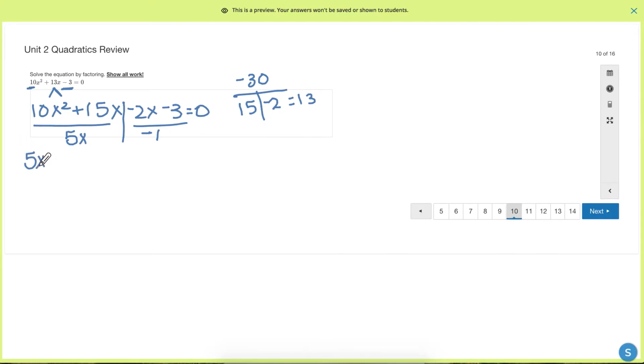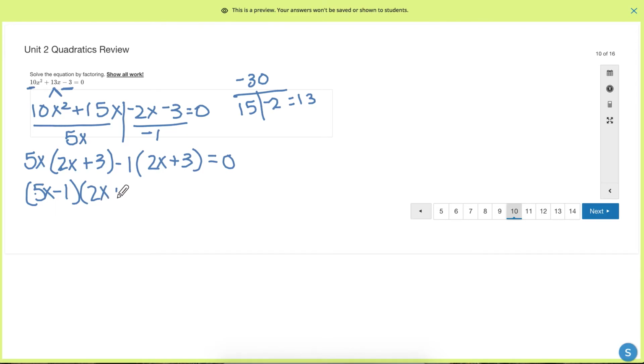When I do that, you should get the same thing in parentheses. 10 over 5 is 2, the x squared over x is x. 2x plus 3. When we divide out a -1, we still get 2x plus 3. So that means our two factors are 5x minus 1 and 2x plus 3.